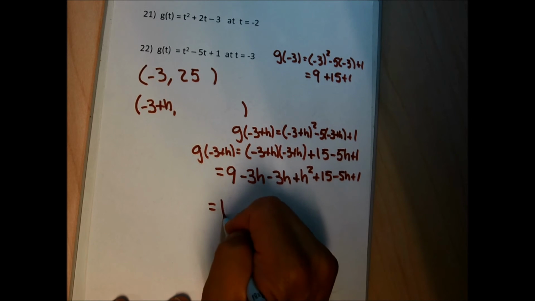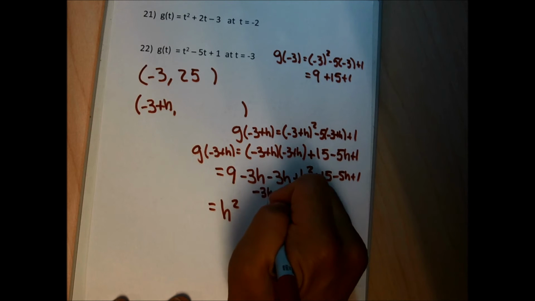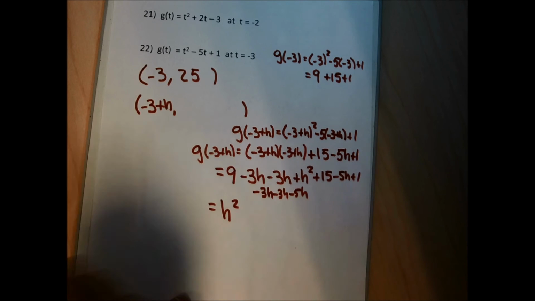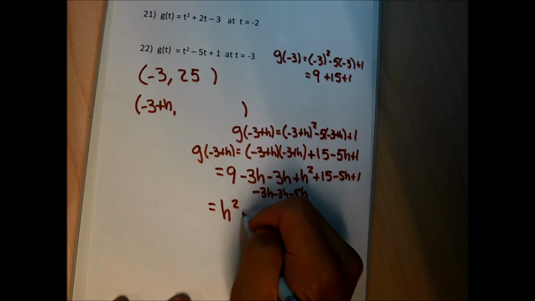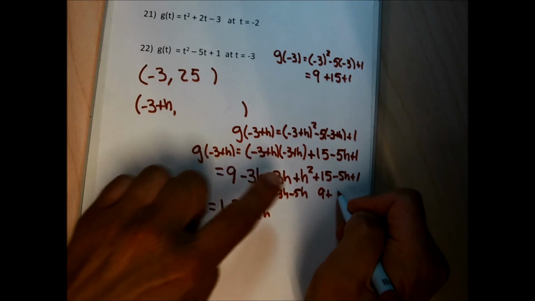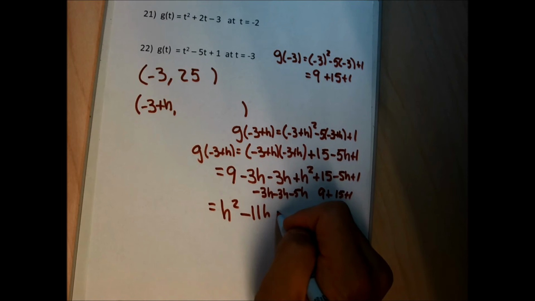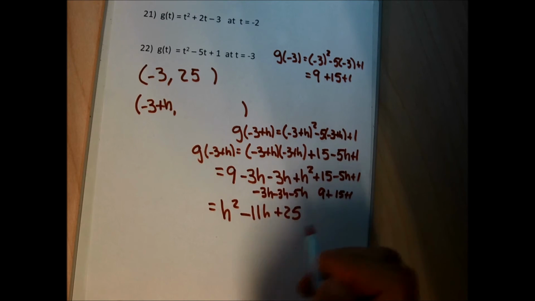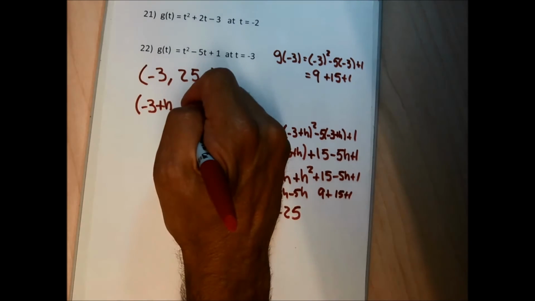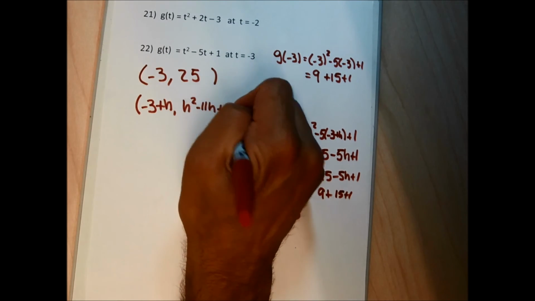The h squared stays first, and then the minus 3h, the minus 3h, and the minus 5h combine to be a minus 11h. And this 9 plus this 15 plus this 1 give me a plus 25. So the second point's y coordinate is h squared minus 11h plus 25.